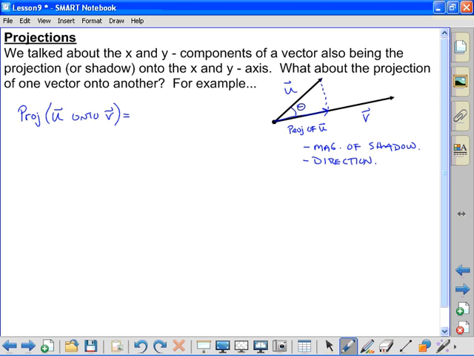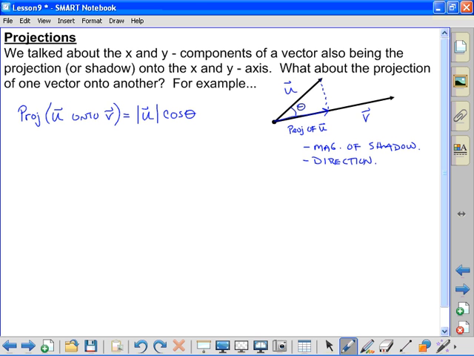If we treat the v vector like an x-axis, let's just pretend this is the x-axis, then how would you find that shadow? Well, it's the magnitude of u, cos theta.